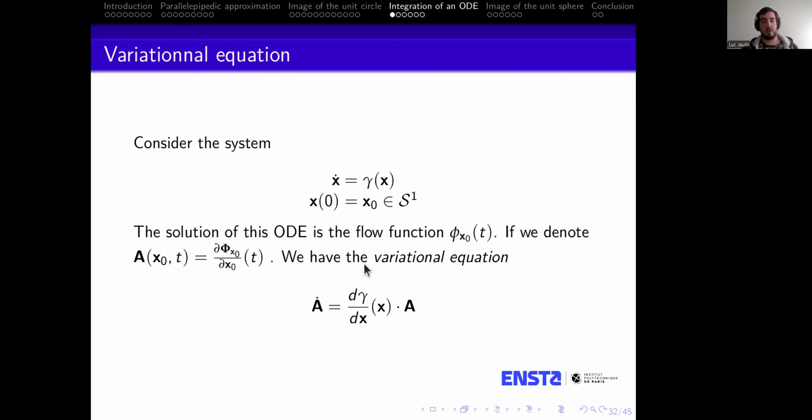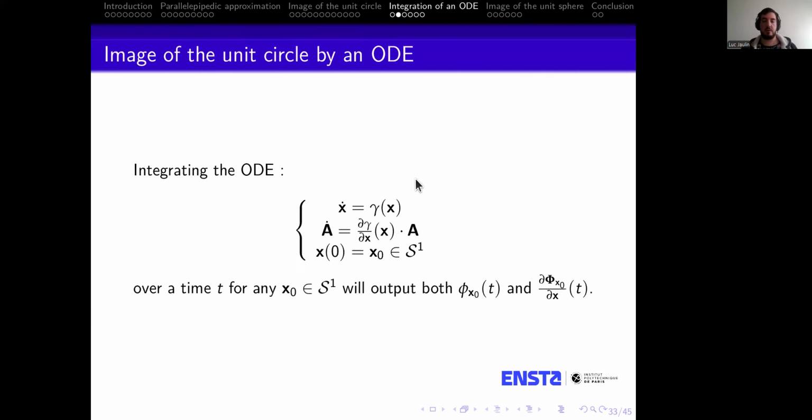To do so, I will rely on the variational equation here. So if I denote here A the Jacobian of my flow function, it satisfies A dot equals the derivative of gamma at x times A. This means that if I take this whole ODE here, this augmented ODE, and I integrate it over time t, it will output both psi of t and the Jacobian of psi of t.